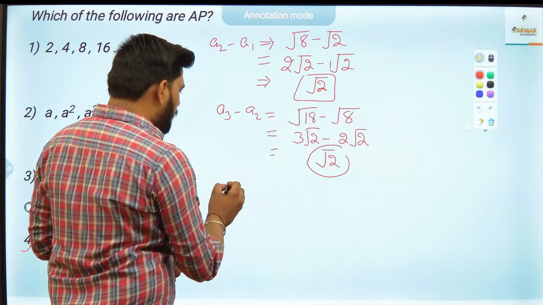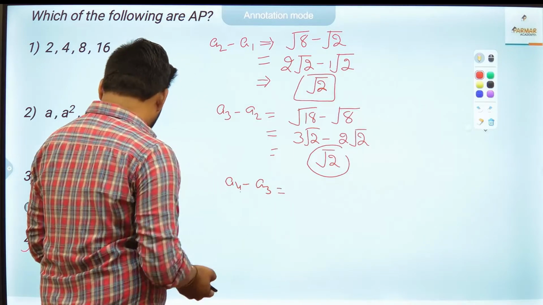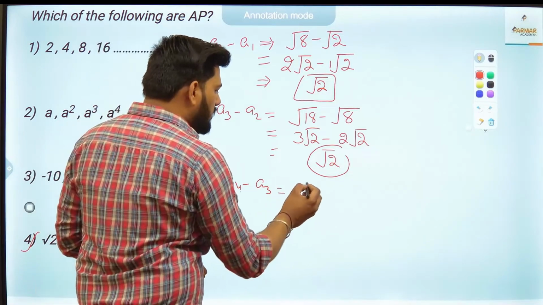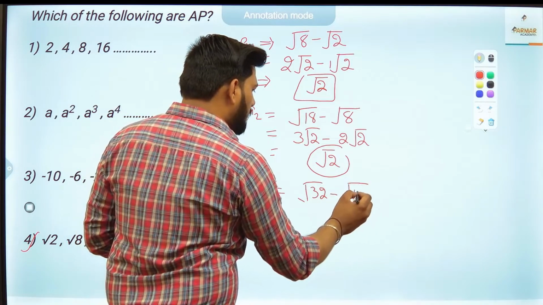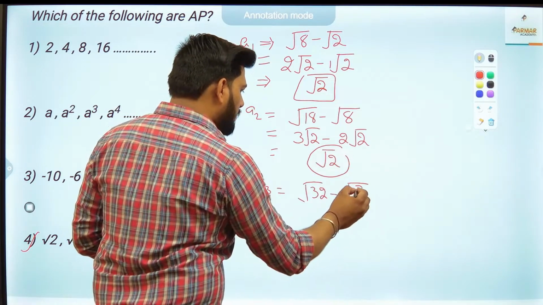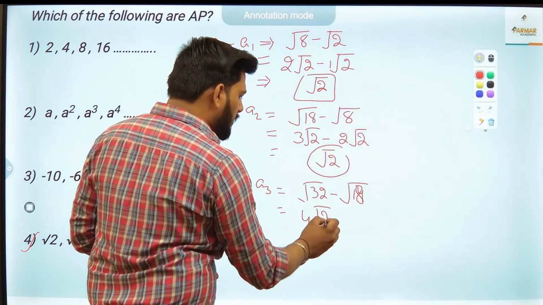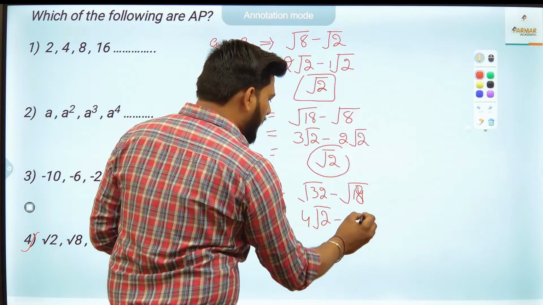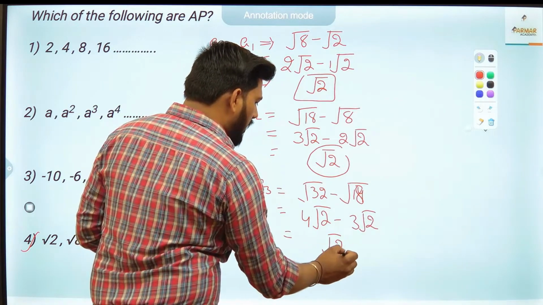Again, the fourth term minus the third term is under root 32 minus under root 18. Under root 32 is 4 times under root 2 and under root 18 is 3 times under root 2. So again the difference is under root 2.